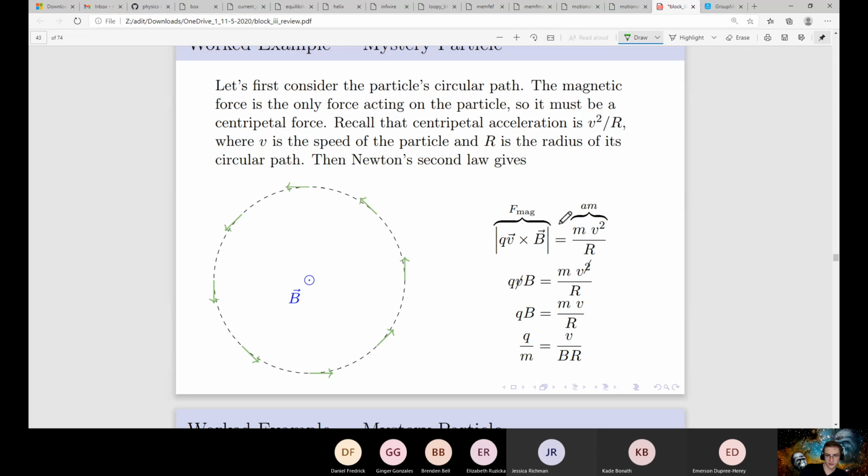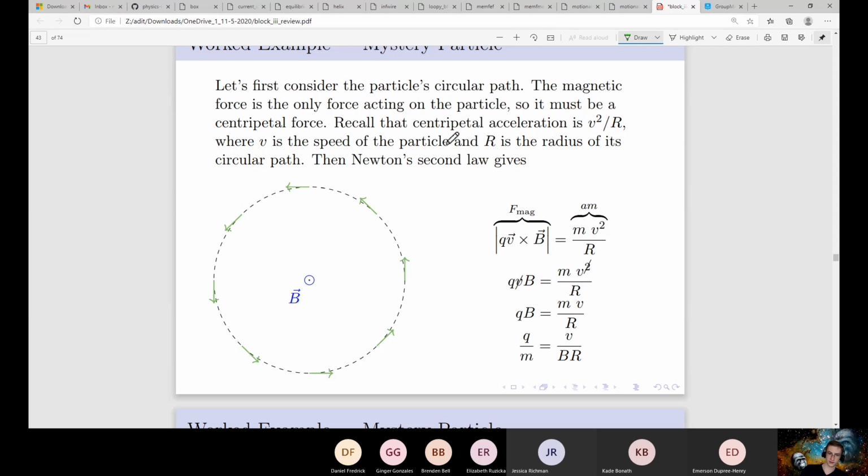If it's moving in a circular path, the B field is providing the centripetal force that's pulling it in a circular path. And it's moving completely perpendicular to the B field. So it's just moving in a circle.